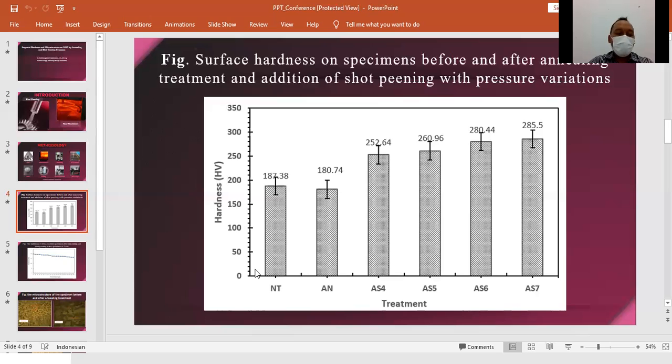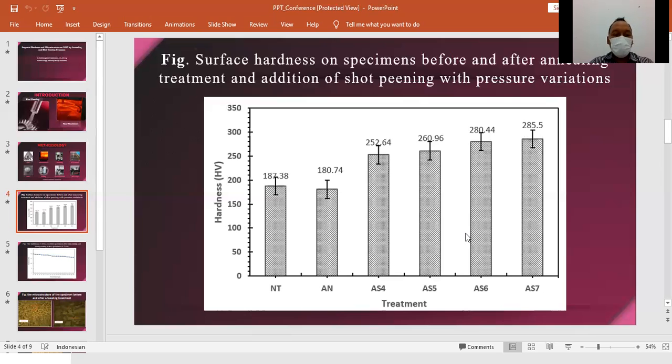Based on the results of surface hardness testing, there is a change in the hardness value for each additional pressure. The highest hardness value, at 7 bar shot peening pressure, is about 285.5 Vickers hardness number.